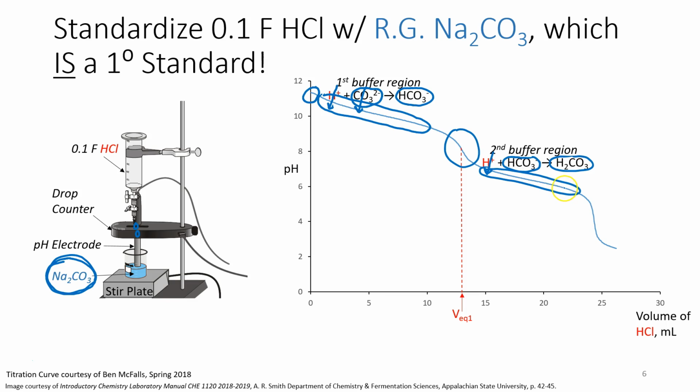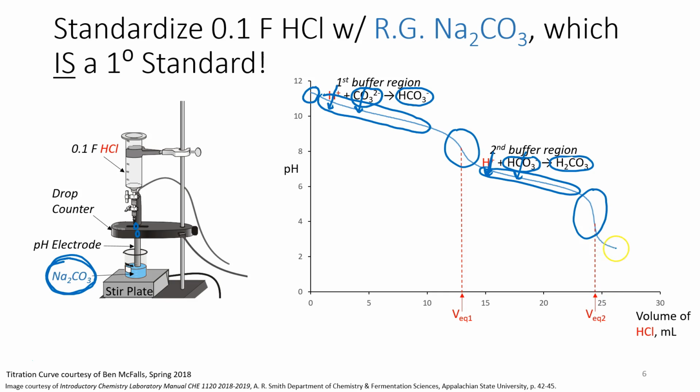But you'll reach a point where you add just enough H+ to neutralize all of the bicarbonate. So H+ is gone, bicarbonate is gone, and that extra drop of H+ really drops the pH, taking you to the second equivalence volume shown here as VEQ2.